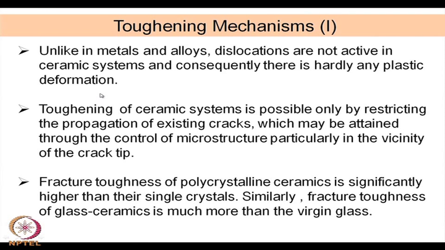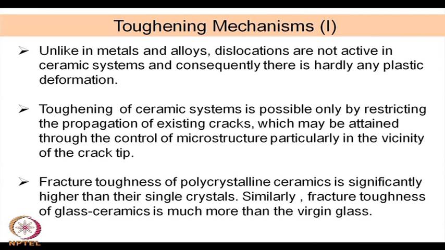We have discussed time and again that the role of dislocations in ceramic materials is very negligible. Even if it is there, they are not that operative, and it is the existing finer cracks which are actually the weakest link, and they are primarily responsible for the fracture.